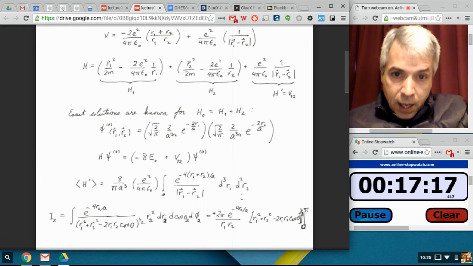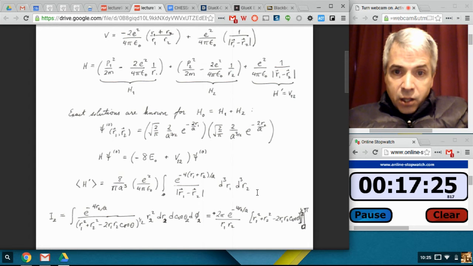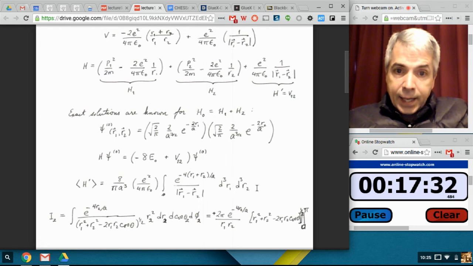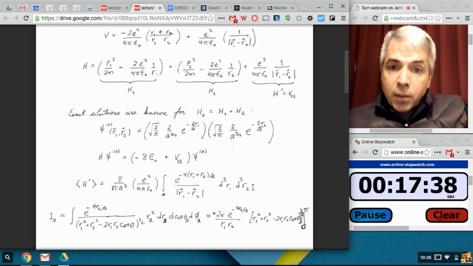So since we haven't decided what our coordinate system is for R2, let's adopt a coordinate system in which the z-axis is along the direction R1. And I can always do that because every time I change R1, I repeat the R2 integral all over again. And so I have a choice once again to choose where my z-axis is when I do that integral. So I'm going to just choose the z-axis along R1.